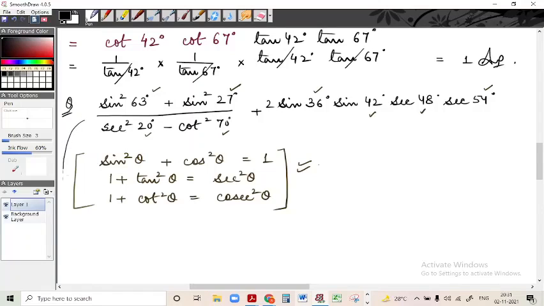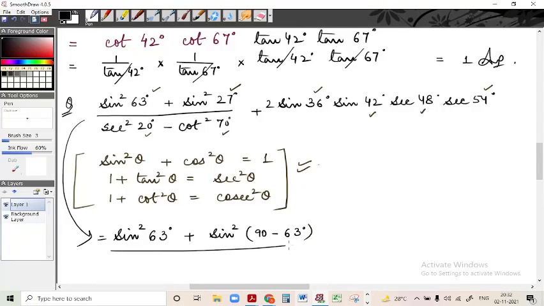So we are going to take the same question, sine square 63 degree plus sine square 27, which can be written as sine square (90 minus 63), whole upon sec square 20 degree minus cot square (90 minus 20) degree, plus 2 sine 36, which can be written as sine (90 minus 54) degree.